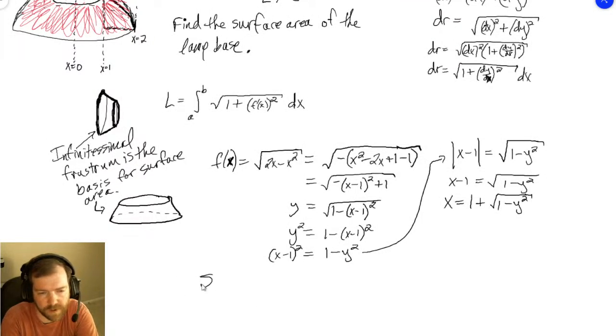Alright, surface area for this whole frustrum process here is going to be integral x, nope, it's y. Y goes from 0 to 1.